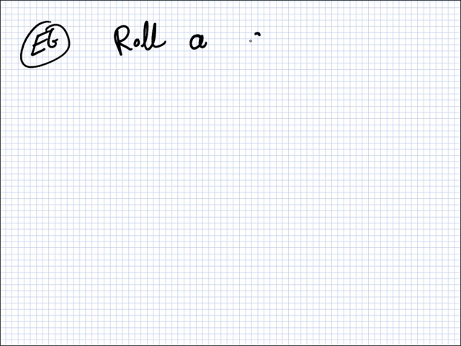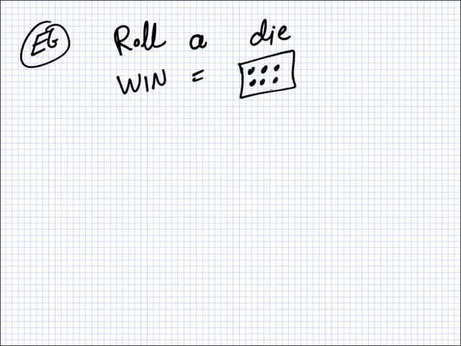You roll a die again, and a win, again, we'll keep it the same, is if you get a 6. And you keep rolling until you get a 6.